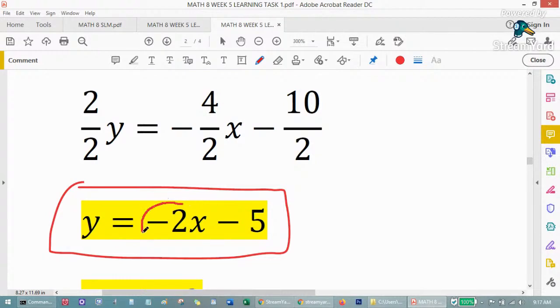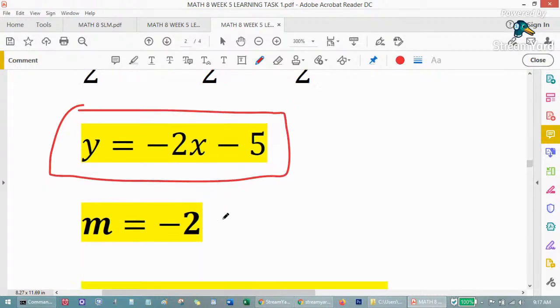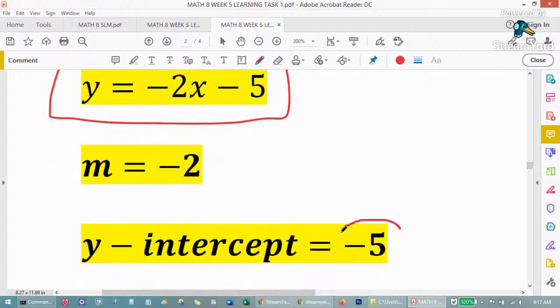So, that number is negative 2. Ang slope natin is negative 2. And then, ang y-intercept natin is ito, negative 5. Y-intercept is equal to negative 5. Okay?